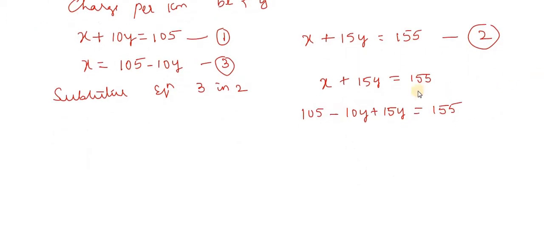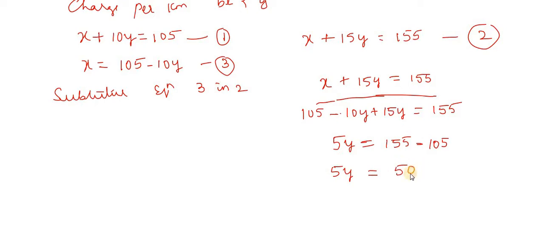Is it clear? Now simplify this. Transpose this to this side. What you're going to get: minus 10y plus 15y is 5y, which is equal to 155 minus 105. If you subtract, you'll get 50.